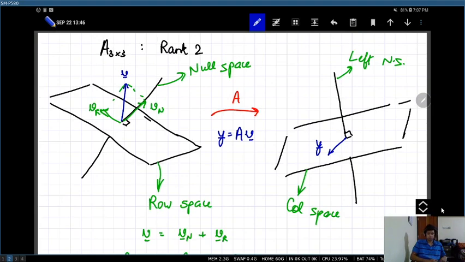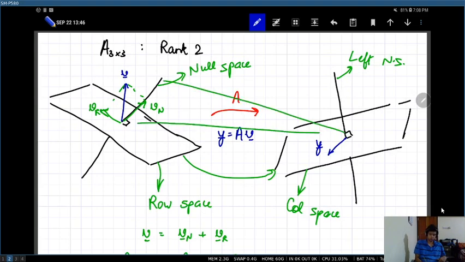So basically all components along the null space of A are nulled out, they get killed, and only the component along the row space remains, right? So basically what A does is, first it transforms the row space into the column space. So it transforms this plane to this plane, and every component which is along this null space is brought down to the null vector.